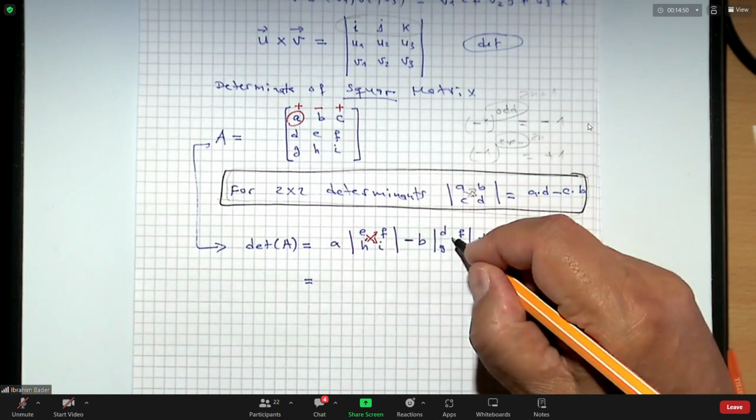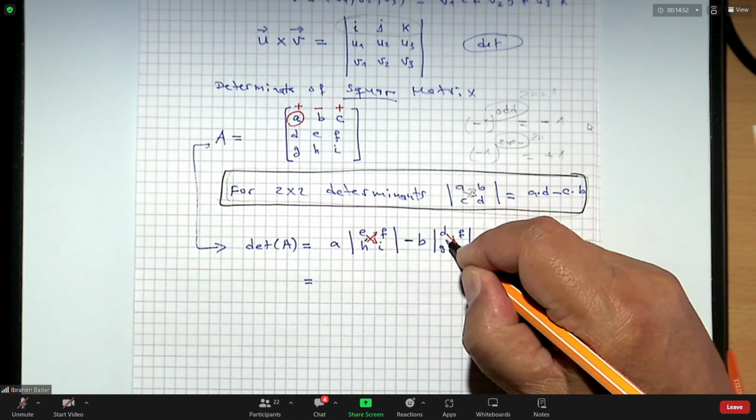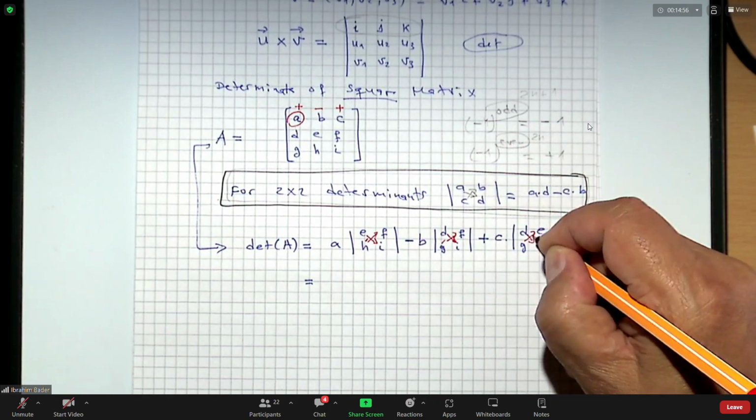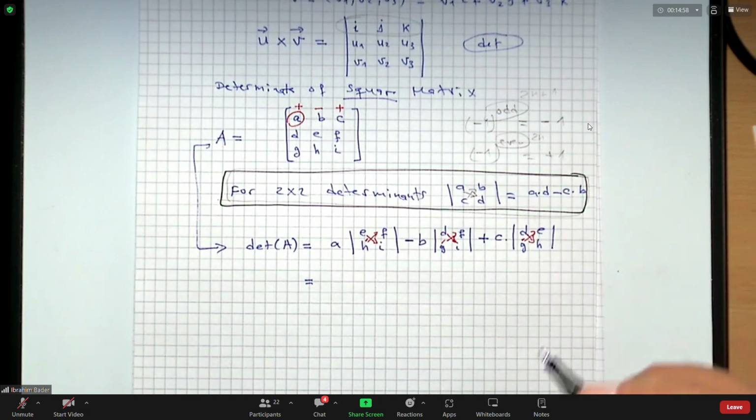This diagonal minus this diagonal. This diagonal minus this diagonal. One common error here is if you have a minus from the formula and a negative here, some students get mixed up. So I advise you always to use parentheses.